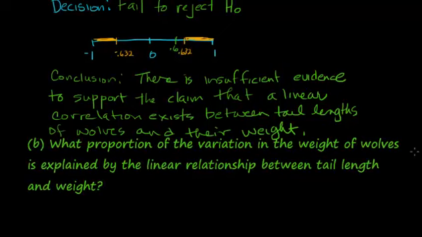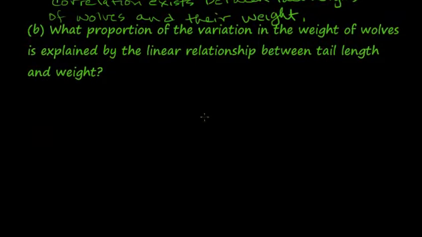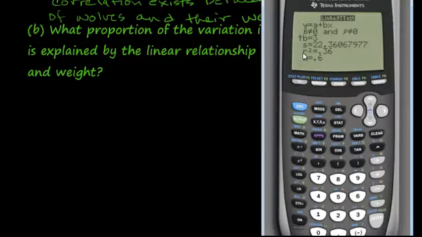The next part of the problem asks us what proportion of the variation in the weight of wolves is explained by the linear relationship between tail length and weight. So recall, we get that from the calculator, and that is r squared. And it's literally the square of r. So you can see 0.6, and we have 0.36 for r squared.